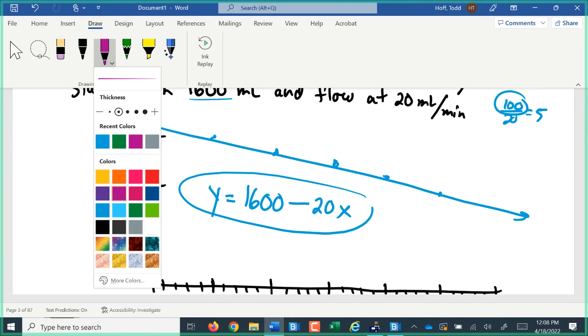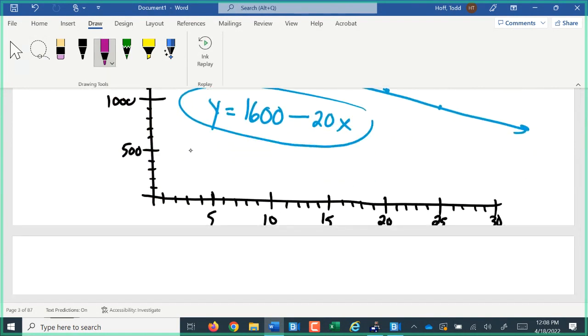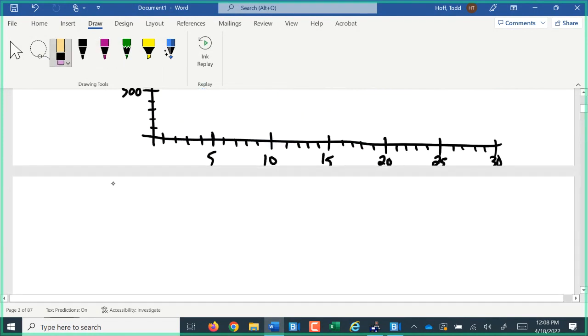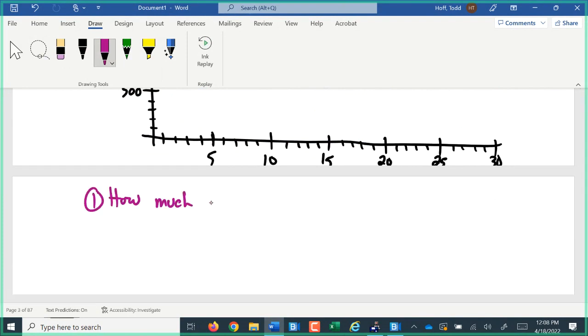If I asked, let's go down further here, I'll go below my graph. How much would be in the bag after 60 minutes?